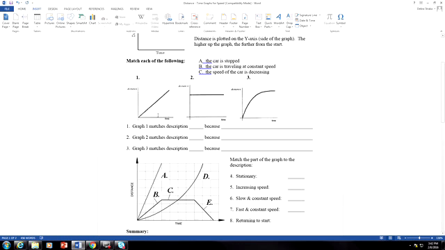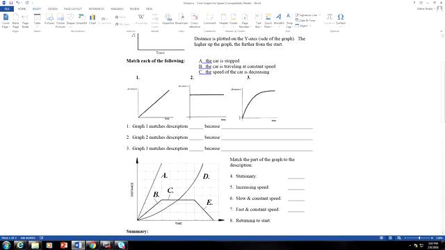Okay, so here we see a car that starts at 0 distance, 0 time. And over a period of time, they didn't give us that period of time, the distance increases. Okay, here we have a period of time that passes that the distance doesn't change.